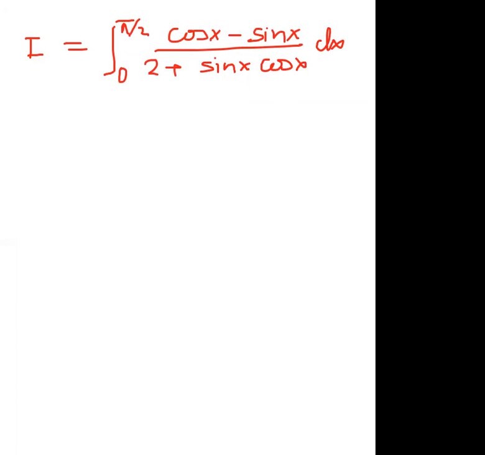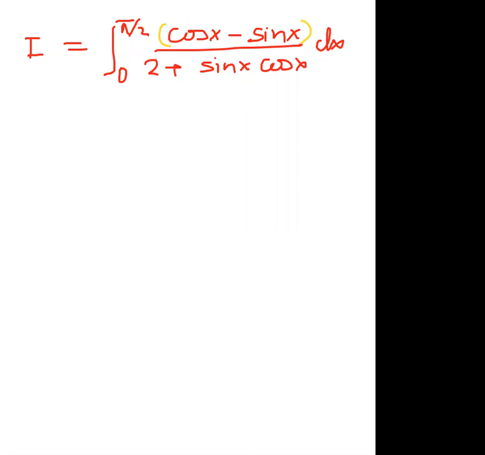Similar to this question we have done in the indefinite integral. I've told you at that time, what were my words? Just see. I've told you whenever in the numerator it is given cos x minus sin x or cos x plus sin x or sin x minus cos x, with the opposite sign to this, you need to suppose.